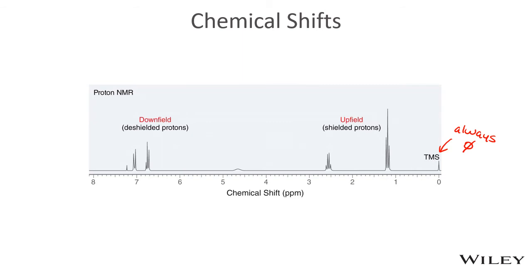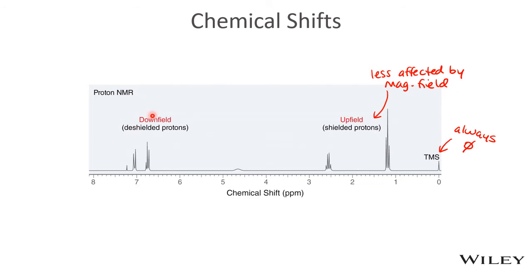Any protons that give peaks close to TMS at low chemical shifts, this is known as the upfield region on the NMR spectrum, and it represents shielded protons. Shielded protons are less affected by the external magnetic field, and they also have a small delta E between their alpha and beta spin states.